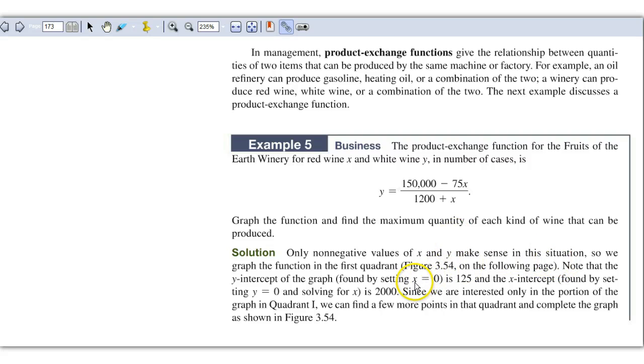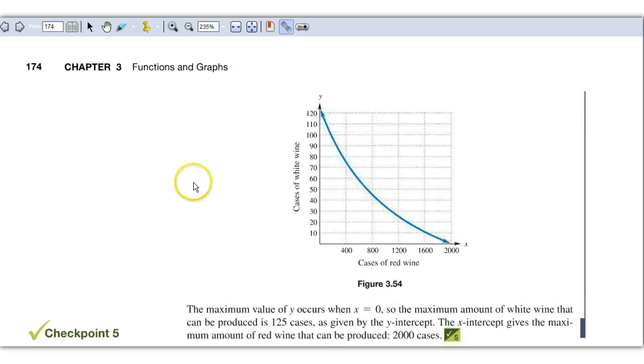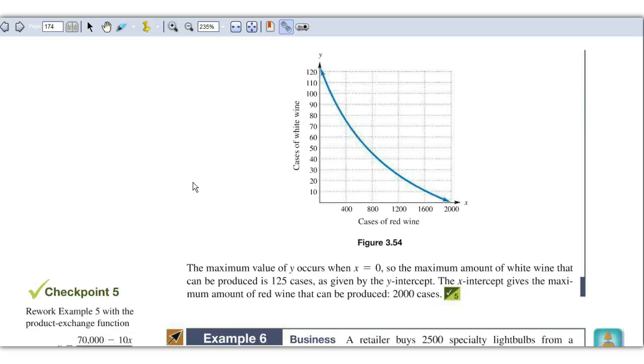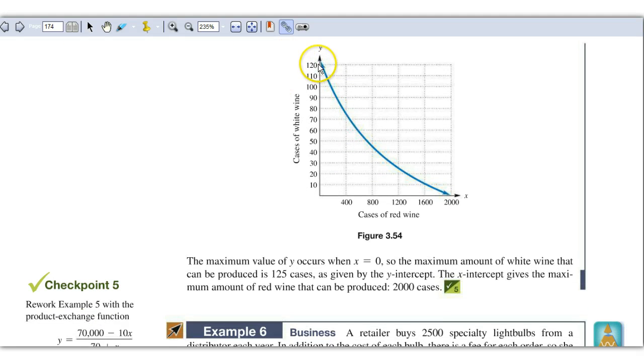And if you let x equal 0, put it in there, you get y is 125. And if you let y be 0, we get x equals 2000. We actually see this on the next page. So we see this will go up to about 125, and this goes down to about 2000.